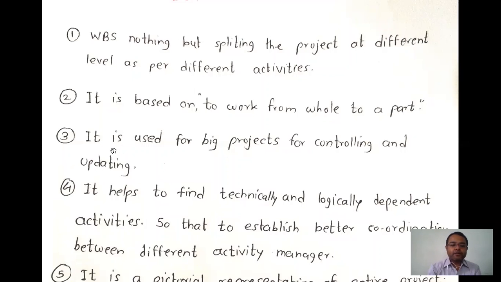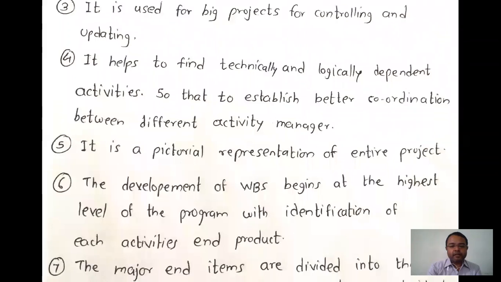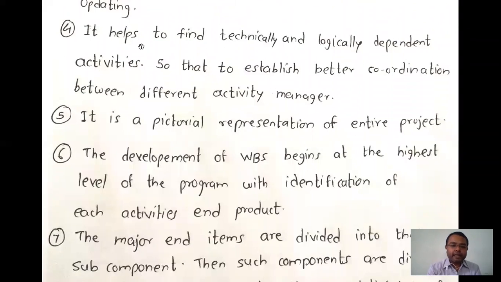It is used for the base project and for controlling and updating. Next, it helps to find technically and logically dependent activities. If you consider any structure, different activities are going on, and all of them are technically and logically connected with each other.